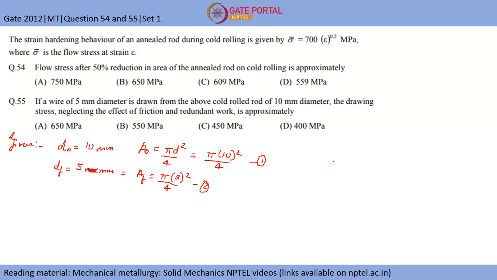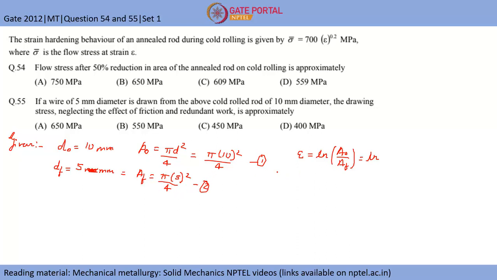Now we have to calculate true strain on the basis of D0 and DF. So epsilon is equal to ln of A0 by AF. This is the standard formula of true strain. Again we will put the same values, as 4 and 4 will be cancelled.